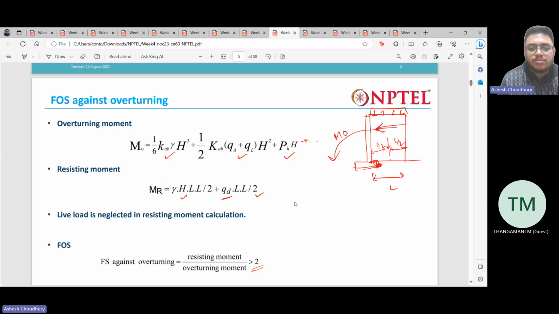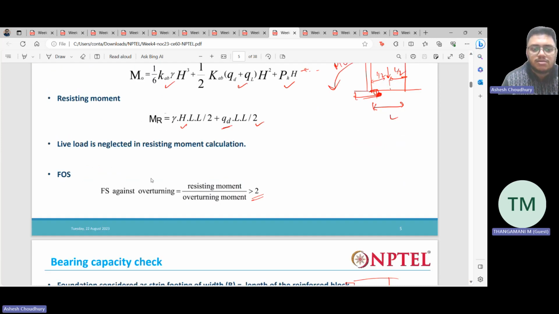How to get the resisting moment? It's given here. The overturning moment is due to the earth pressure, and the resisting moment is due to the weight of the soil. You can see this resisting moment is from the weight of the soil, and the overturning moment is from the surcharge and the lateral earth load. Similarly, we need to calculate the factor of safety and ensure that the factor of safety should be greater than 2.